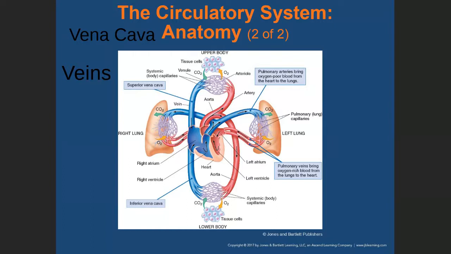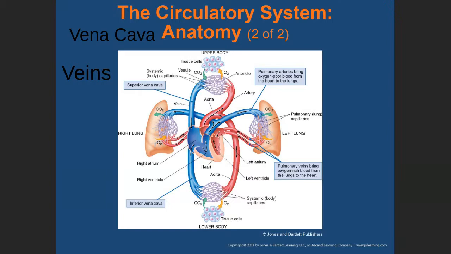All right. So let me repeat regarding the vena cava. The vena cava is the largest vein within the body, right? So that's the largest vein that is found within the body. You have a superior portion to the vena cava, and you have an inferior portion to the vena cava.